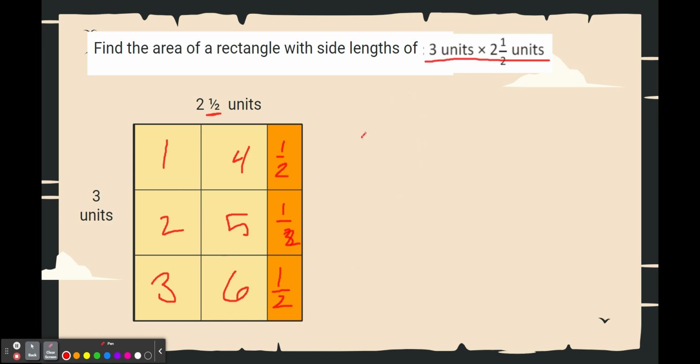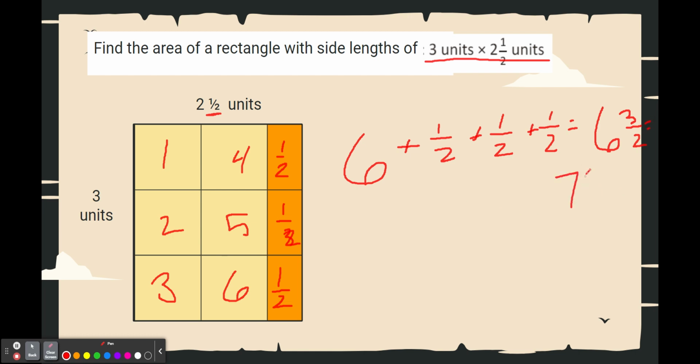So I have 6 whole units plus 1/2 plus 1/2 plus 1/2, which is going to give me 6 3/2 units, which is equal to 7 1/2 square units.